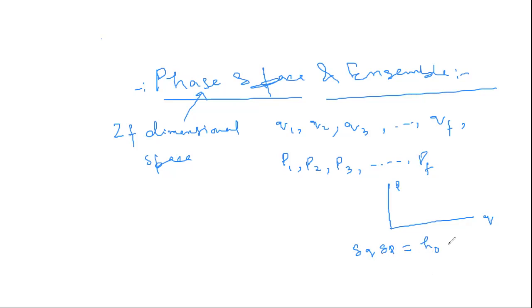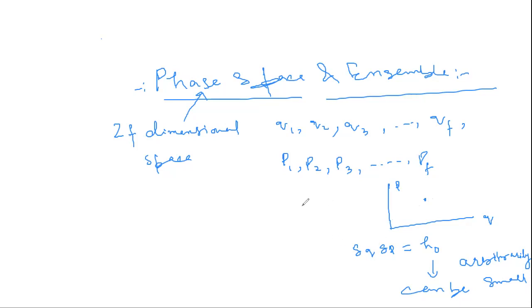This h naught can be arbitrarily small in classical mechanics, because it is possible in classical mechanics to specify the position and momentum of a particle to an arbitrary accuracy simultaneously. So this h naught can be as small as possible.